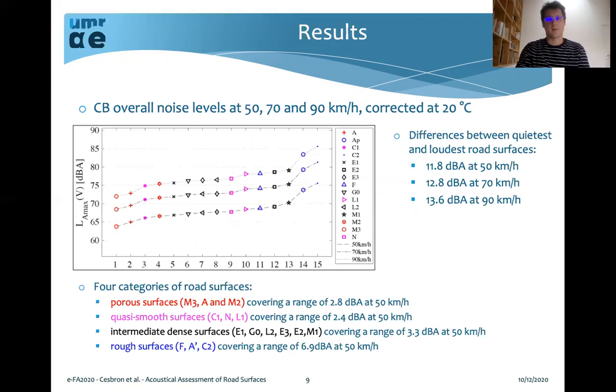If we look at the coast-by overall noise levels at 50, 70, and 90 kph, corrected at 20 degrees, the differences between the quietest and the loudest road surface are 11.8 dBA at 50 kph, 12.8 dBA at 70 kph, and 13.6 dBA at 90 kph.